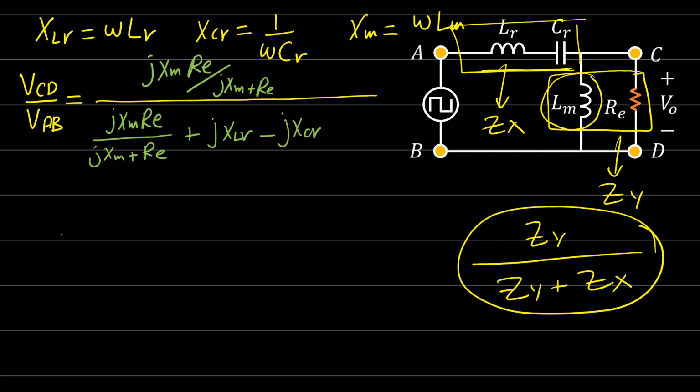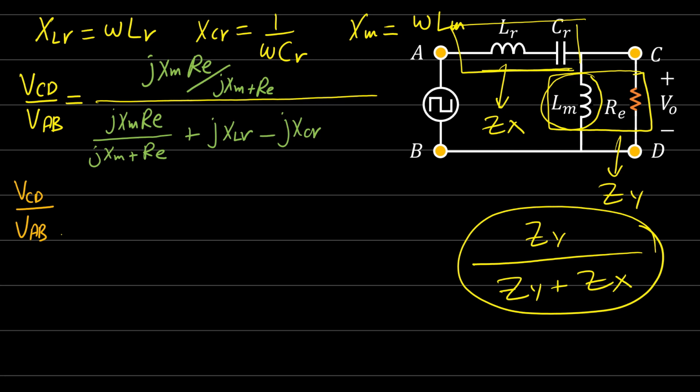Everything is there, we just need to do some mathematics, some simplification. So VCD over VAB will bring the relationship, the relation between the input and the output. Then after that, we'll go for the design procedure for this converter.